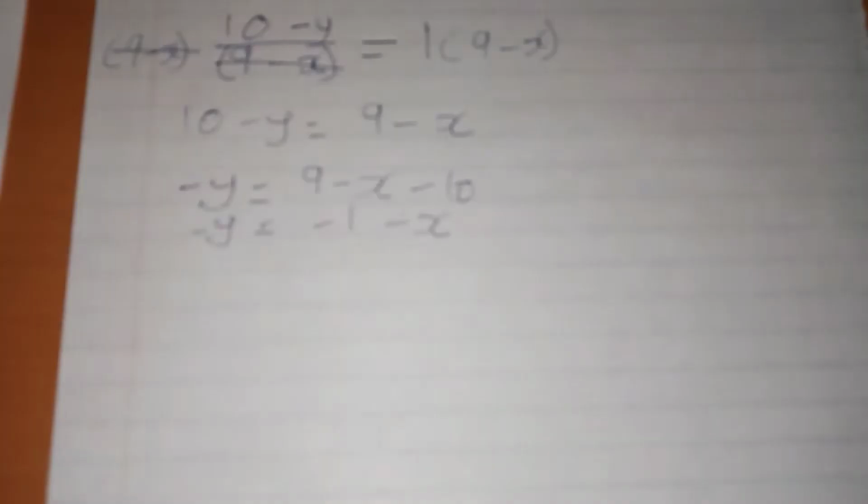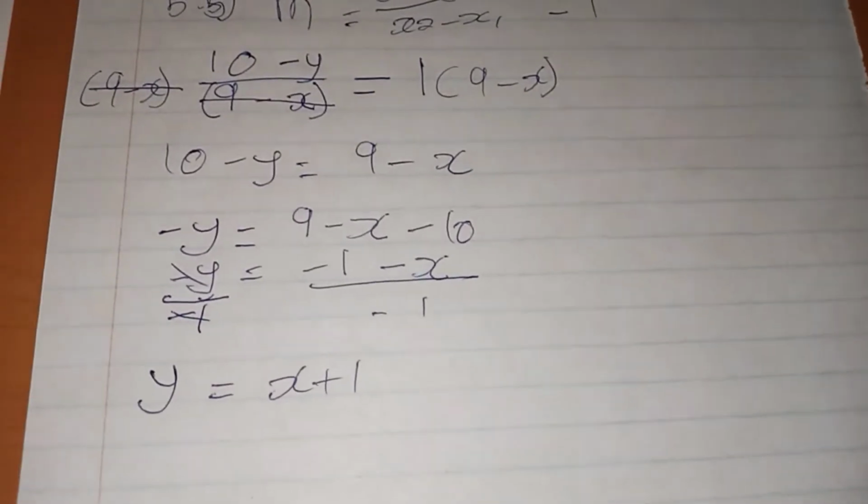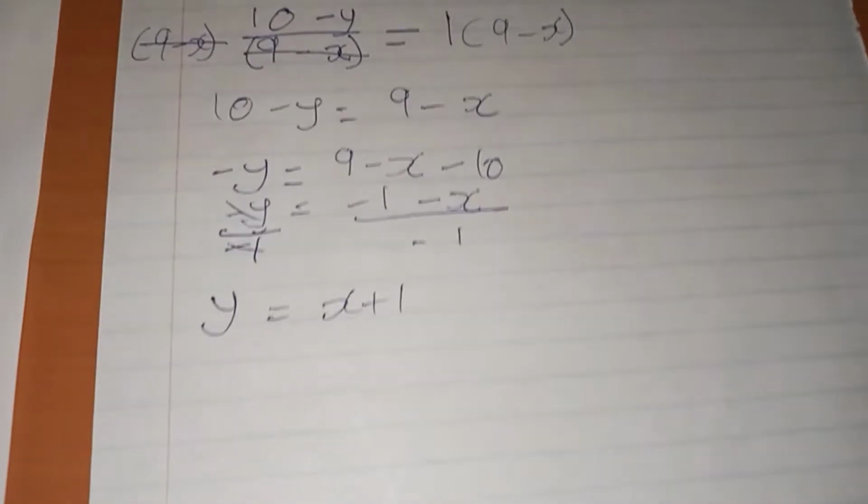So we just want y, so we have to divide by negative 1 on both sides. And we will have that y is equal to x plus 1. This now gives us a linear function. This is a linear function in the form of y equals mx plus c, all from just substituting everything from the information that was given.